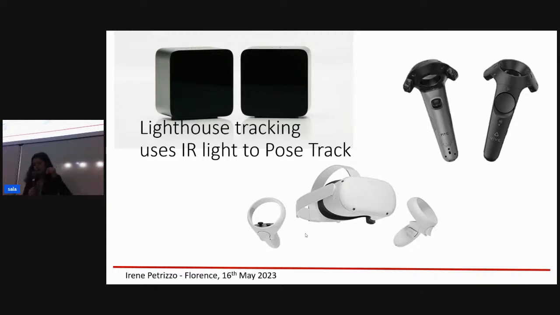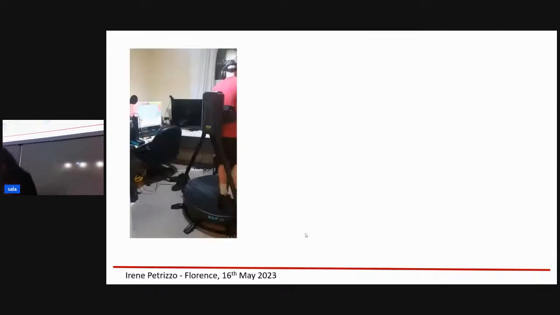And its peculiarity is in the fact that it doesn't even need the base stations anymore. So they managed to have IMU trackers so precise that they are enough to track the user in the environment. So this also means that they are more user friendly, and a lot easier to use.